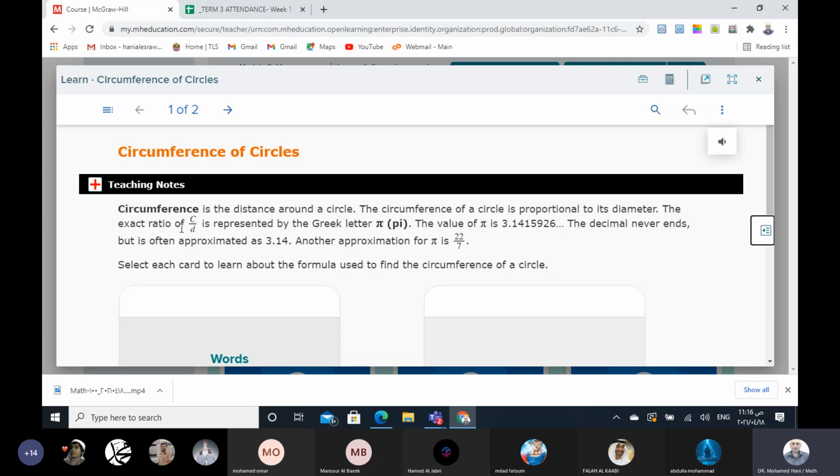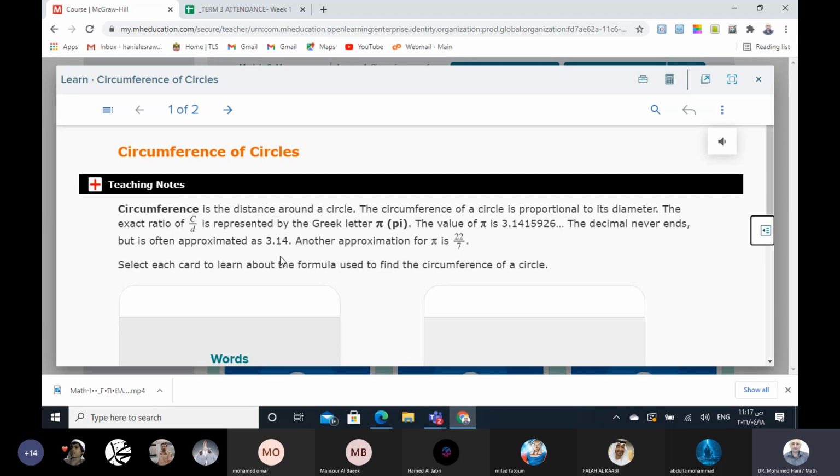The exact ratio of C over D, or C divided by D, is represented by the Greek letter pi. The value of pi is about 3.1415926 and so on. The decimal never ends, but it is often approximated as 3.14, taking two digits after the point.